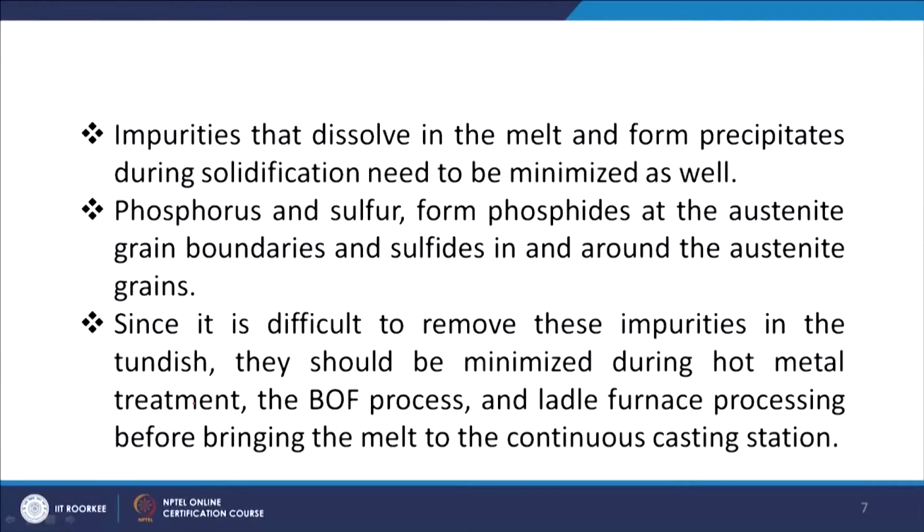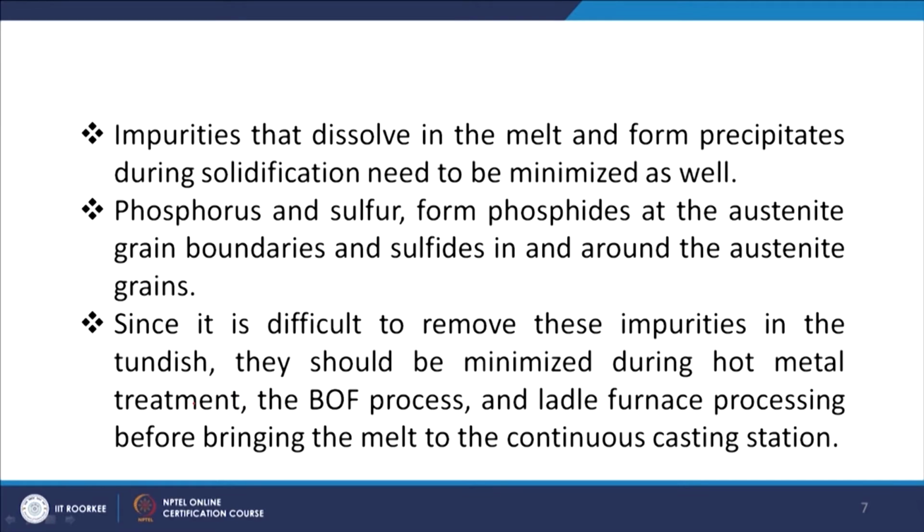It is difficult to remove these impurities in the Tundish, so this should be minimized during the hot metal treatment, the BOF process and the ladle furnace processing before bringing the melt to the continuous casting station. Once they come to the Tundish, it is very difficult to remove them, because they have to be removed through certain chemical reactions.